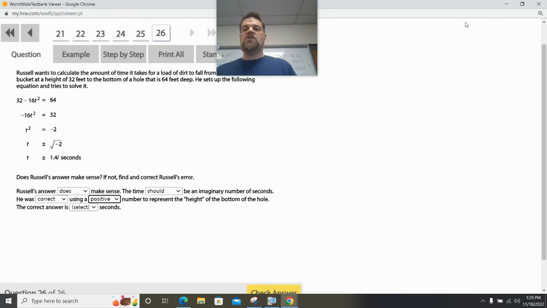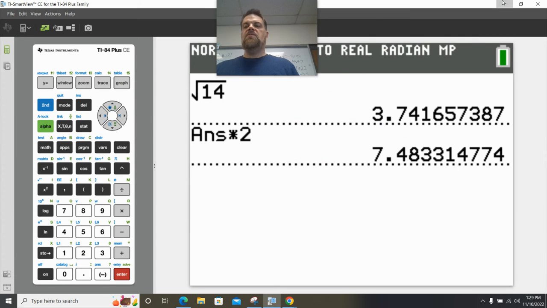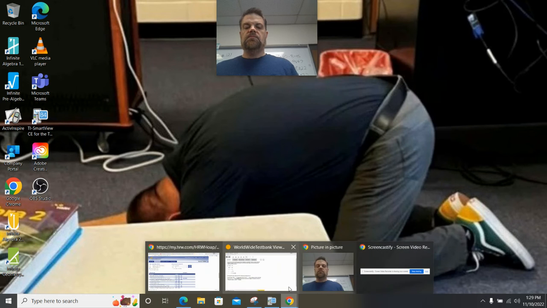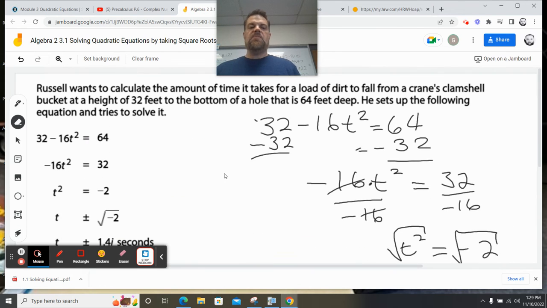Oh, let's draw the picture on this one. Maybe that was the mistake. I know, it's funny, isn't it? Let's draw a picture for this. It says that the bucket is at a height of 32 feet, 32 feet off the ground. Right? That's where the bucket is.